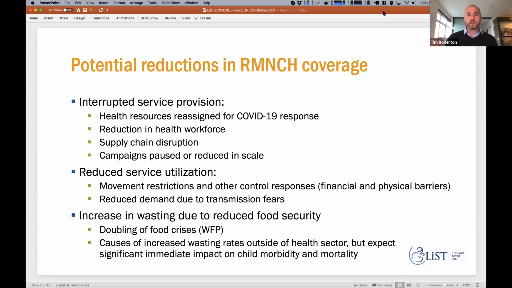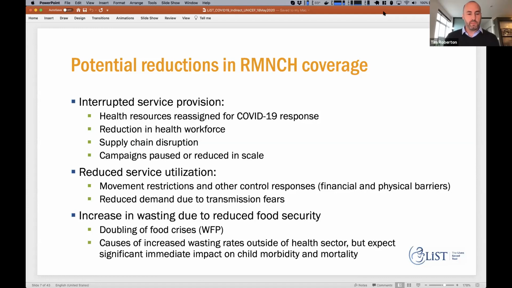Either health workers are allocated to respond to the pandemic, or health workers themselves become sick or are unable to get to facilities for whatever reason. Other issues concern the supply chain, medicines not being able to get where they need to be. And under the COVID pandemic, campaigns being paused or reduced because of concerns for social distancing and that kind of thing.